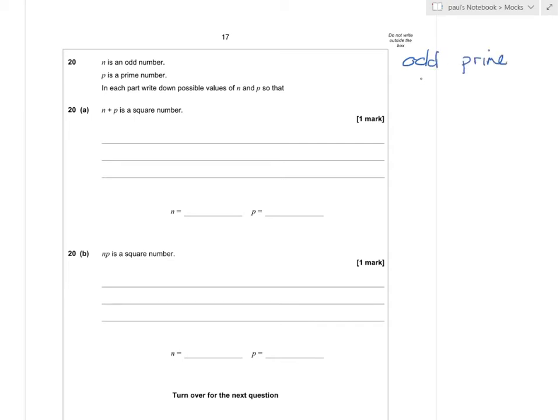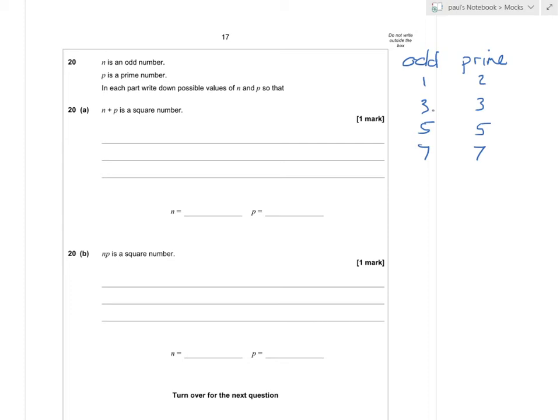Odd numbers are 1, 3, 5, 7. They usually don't make you go too far. Prime numbers are 2, 3, 5 and 7. If we add the two together, they're going to be a square number.